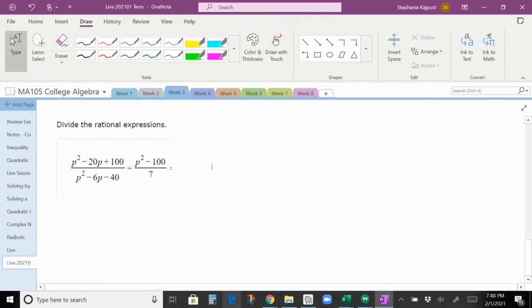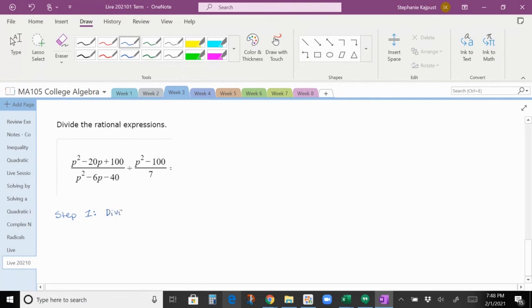So, when we're dividing rational expressions, step 1, it's the same thing as when you're dividing fractions. When we go back to elementary school, when you learn about fractions, when you divide by a fraction, you multiply by the reciprocal.